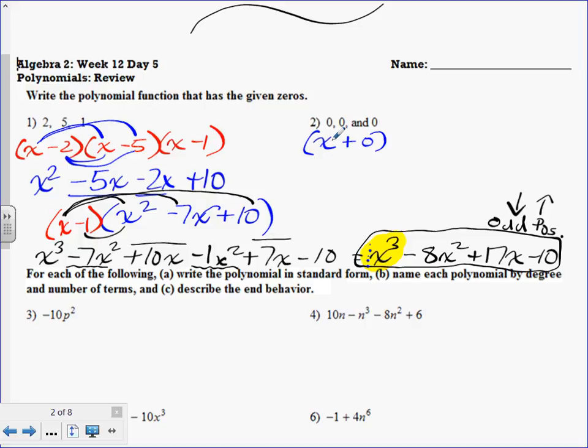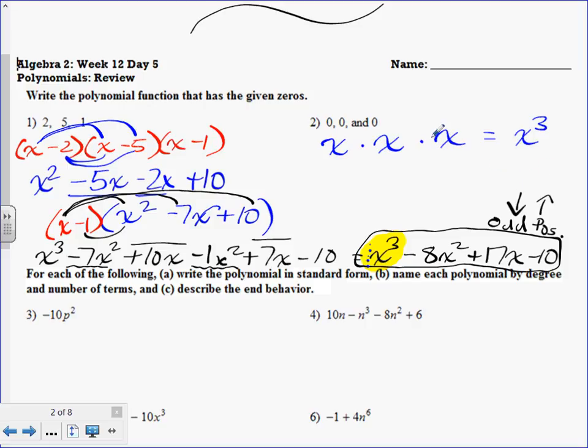But hold on. What's 10 plus 0? 10. What's x plus 0? X. What's the next factor? X. What's the next factor? X cubed.